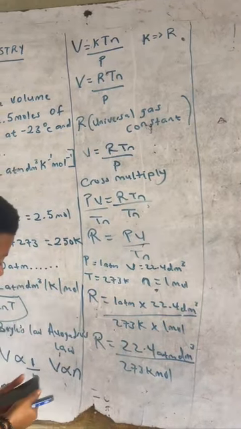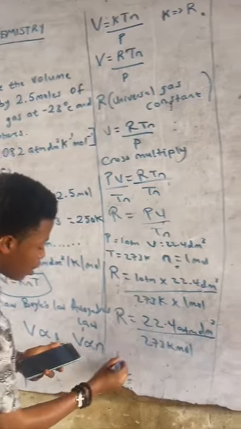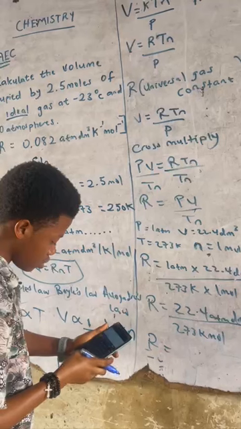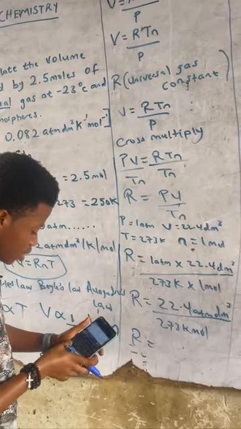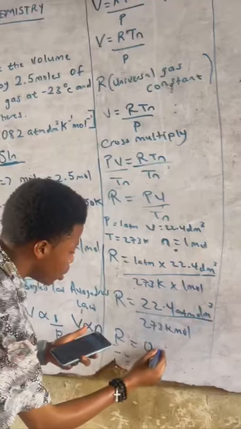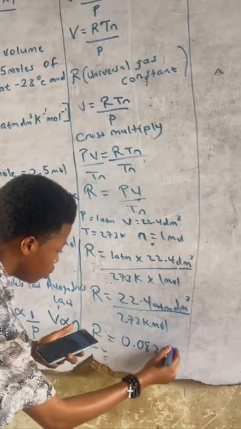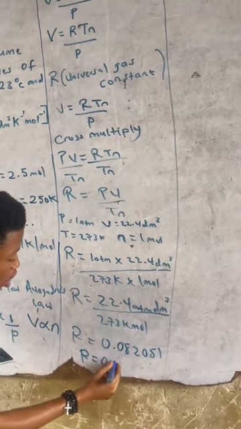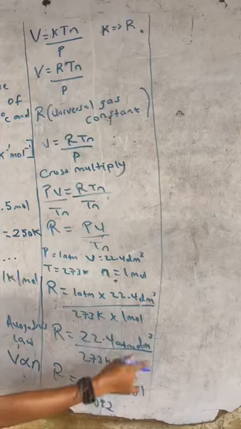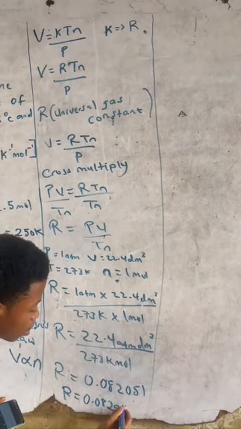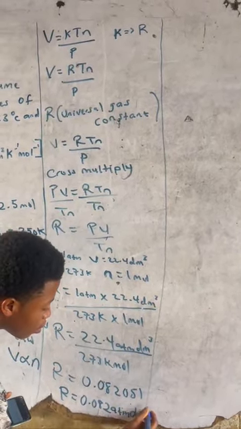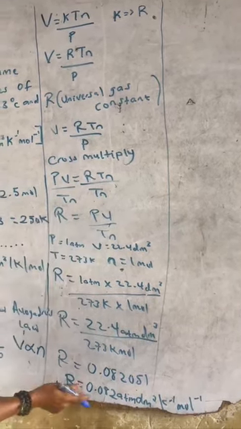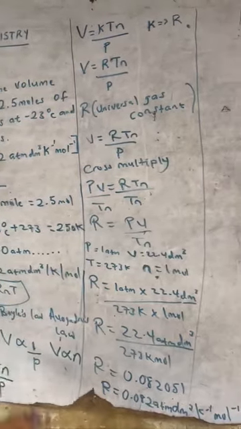From here, let's divide. So we have our R equals 22.4 divided by 273, that equals 0.082051. But if I approximate now, I'm going to have my R equals 0.082 atm dm³ per Kelvin per mole. So this is what they give us.